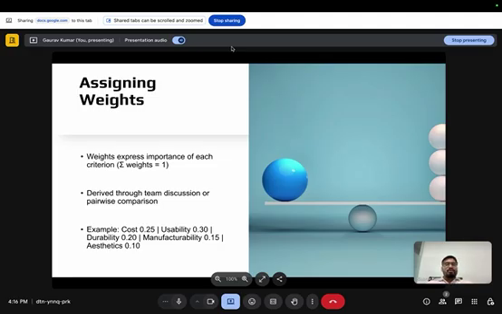So weighting exemplifies rational decision making in design evaluation by emphasizing what matters most. The process avoids overemphasis on trivial aspects and ensures that scoring outcomes truly align with the strategic and user-centered objectives. Okay.